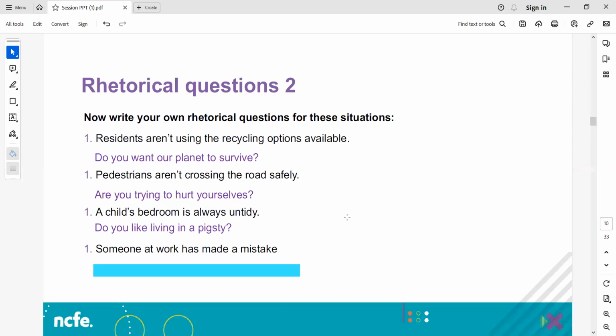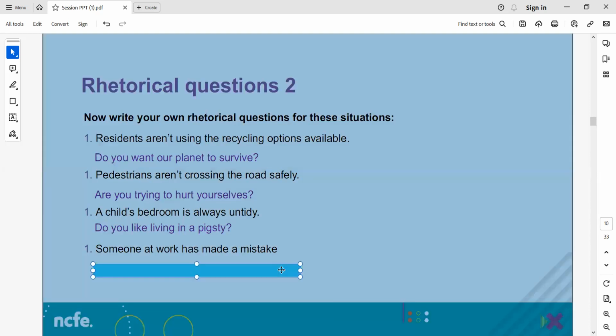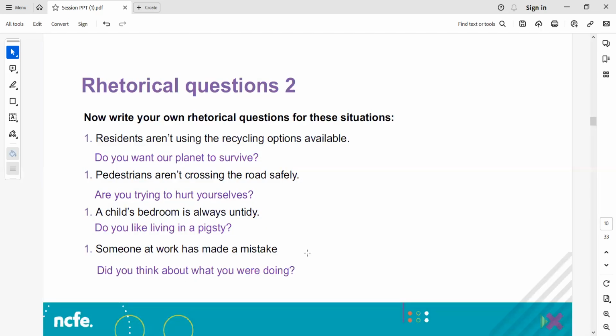Do you like living in a pigsty? Obviously it's not a pigsty, so we've used some hyperbole there, which we're going to look at in a moment. And it's also rhetorical. The last one, someone at work has made a mistake. Did you think about what you were doing? Again, that rhetorical question is being asked in quite a sarcastic way.